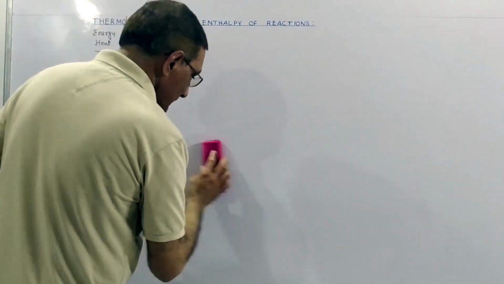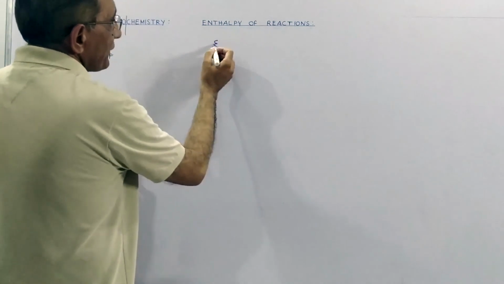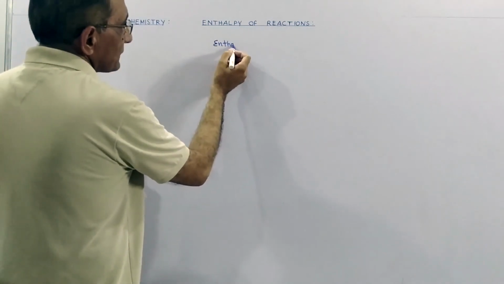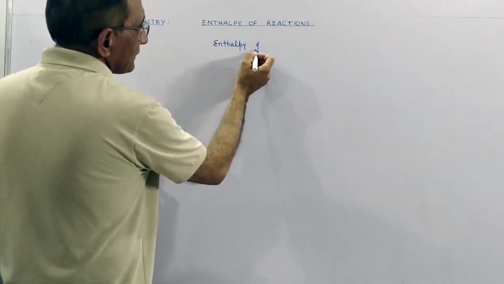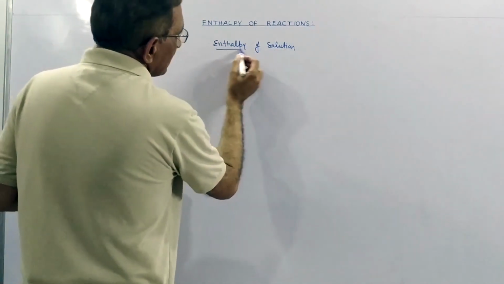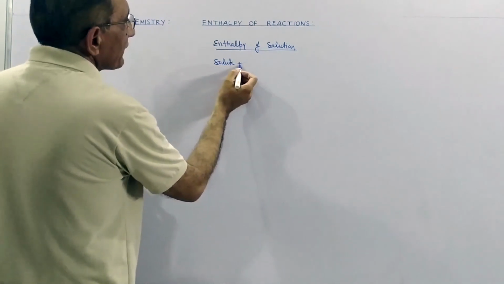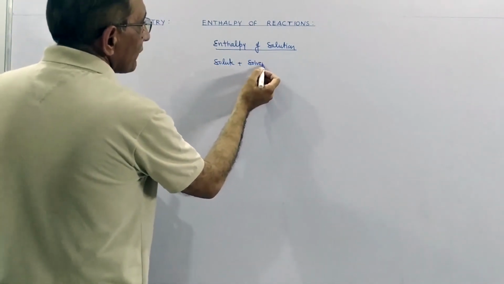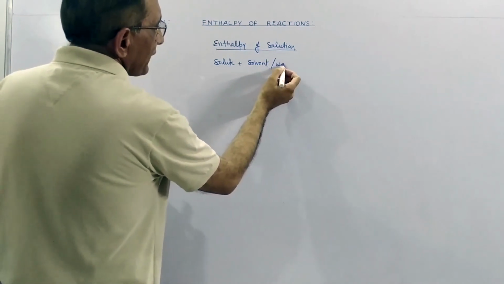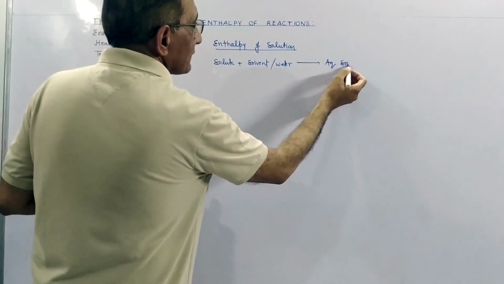Now last we will discuss, students, what is enthalpy of solution. Solution means we have some solute we are dissolving in a solvent, usually water, then we are getting an aqueous solution.